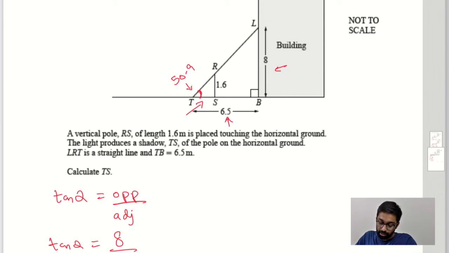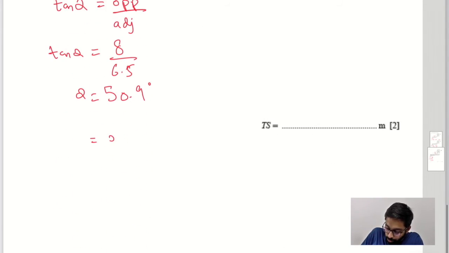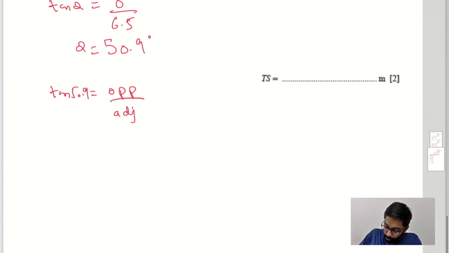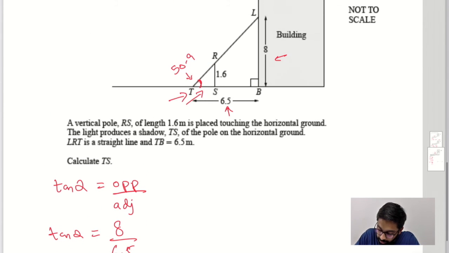Now of course you need to find the length of TS. That means you would be using RST, that triangle, and the trigonometric ratio for that triangle to find the length. So we do opposite once again upon adjacent equals tan 50.9 in this question, and opposite is 1.6, and adjacent is the length we are looking for, which is TS right over there.